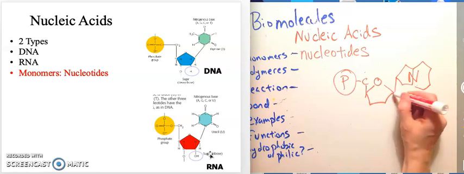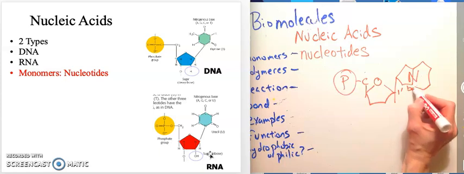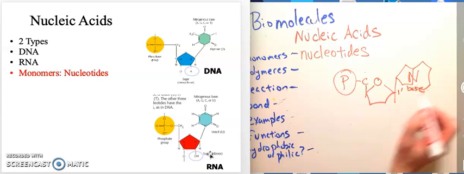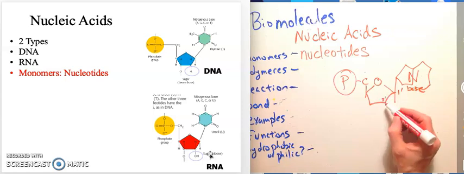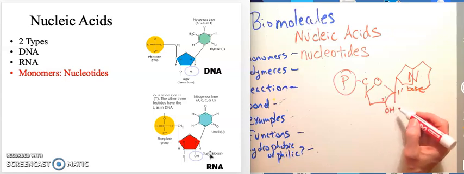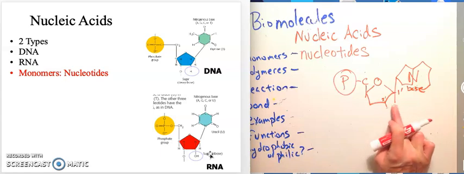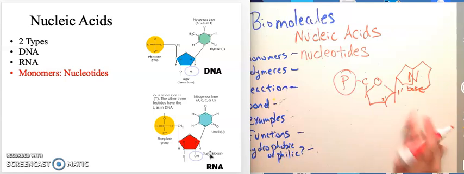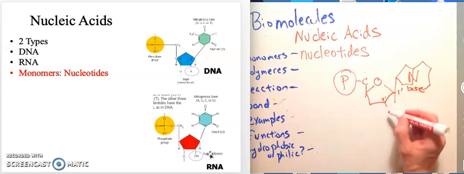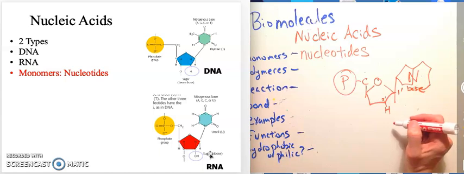So again, here is the 1' carbon. The 1' carbon is attached to the nitrogenous base. The 2' carbon is right here. If there is a hydroxyl group here, then that is RNA. But if the hydroxyl group has been removed, if it's been deoxified, and instead there's just a hydrogen here, that's DNA, deoxyribonucleic acid.